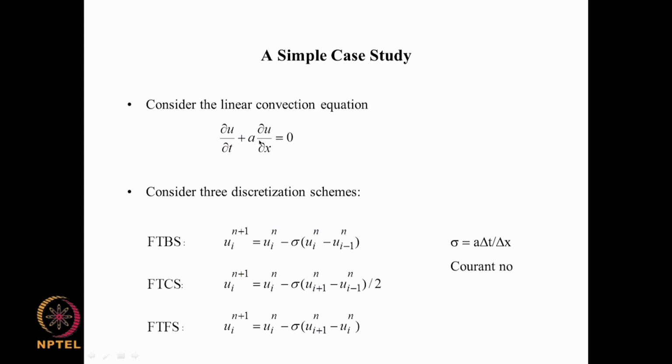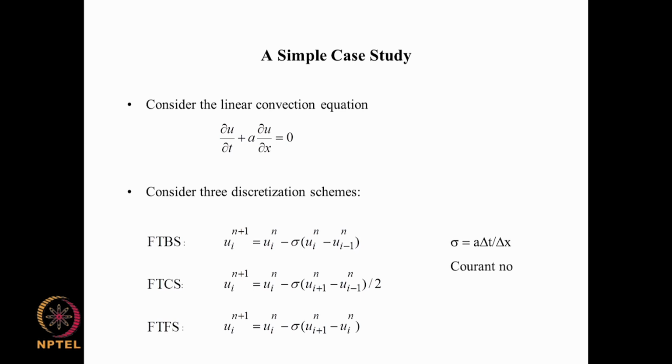So, the cumulative effect of all these truncation errors is such that it tends to 0 as delta t and delta x tend to 0. So, once you can make that claim, you can say that you have a consistent discretization.